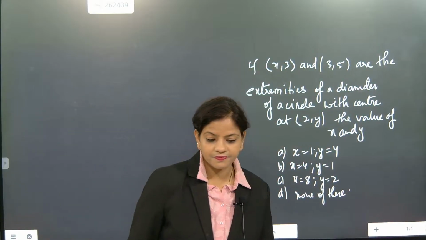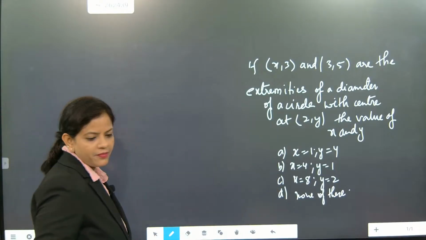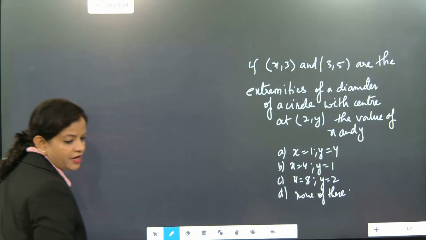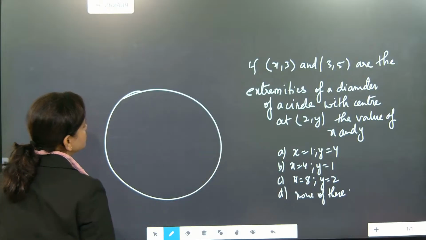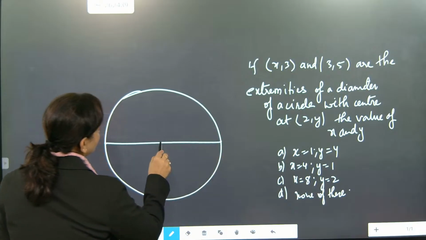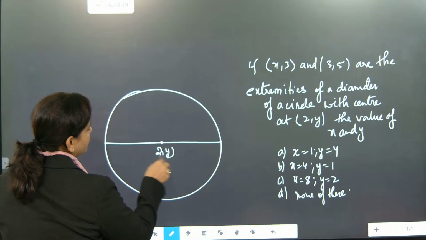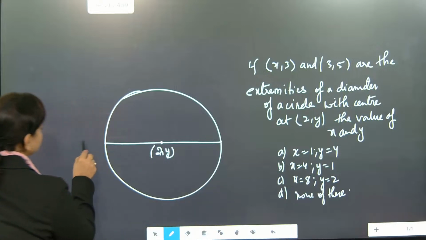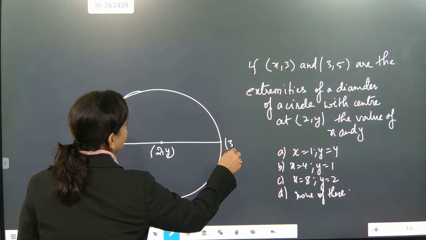So now look here. What is the meaning of extremities of a diameter? The diameter is the longest chord of the circle. The center value given is (2, y), and the extremities are given as (x, 3) and (3, 5).